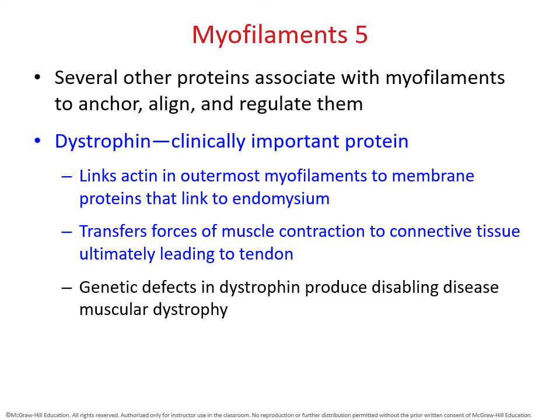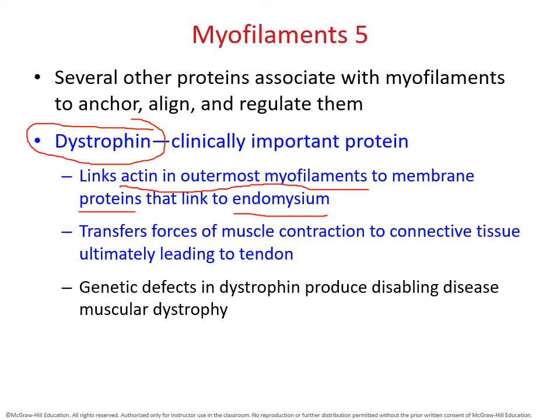So there's this protein, excuse me, that's called dystrophin. What dystrophin does is that it basically links actin in the outermost myofilaments to the membrane proteins that link to endomysium. Now, we haven't really discussed endomysium just yet, but it is going to be a protective layer that wraps itself around the muscle.